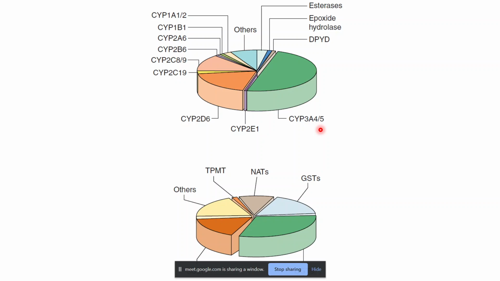Sometimes when the drug is activated by the liver enzymes, that can also lead to the toxicity.